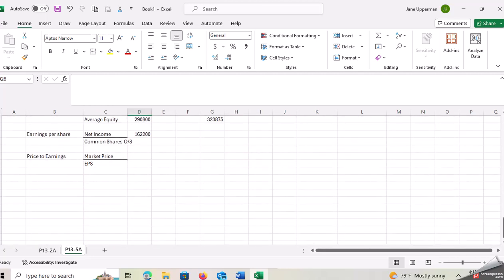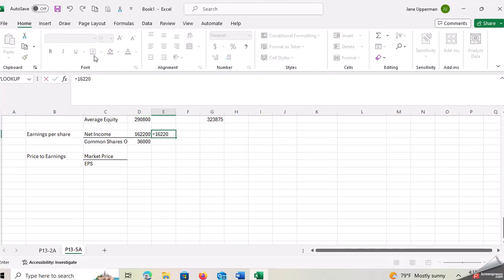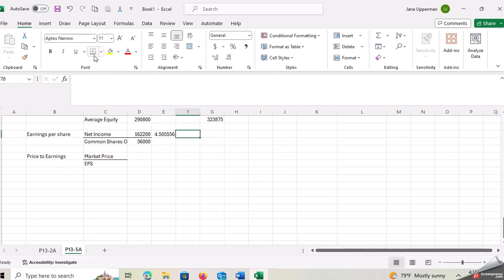So if I take the 180,000 and divide it by the $5 par, that gives me my shares. So then 162,200 divided by 36,000 shares gives us $4.50 per share.